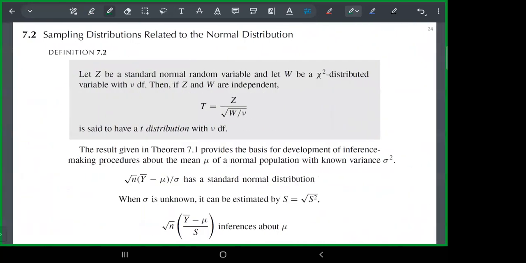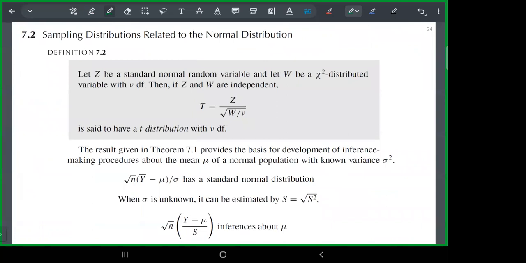All right, so for the rest of this, I hope you don't have to worry about it, but I hope you see the connections. For example, let Z be a standard normal, and let's say you have W, which is chi-square with some degree of freedom given. Then you might want to build another random variable T, which is the ratio between Z and the square root of W divided by the degree of freedom.